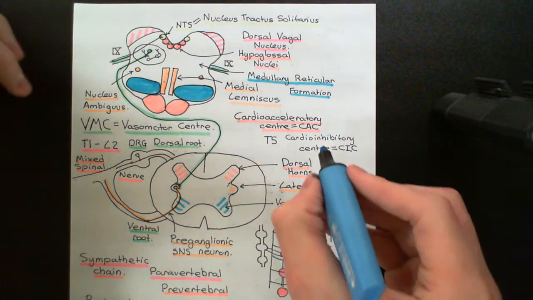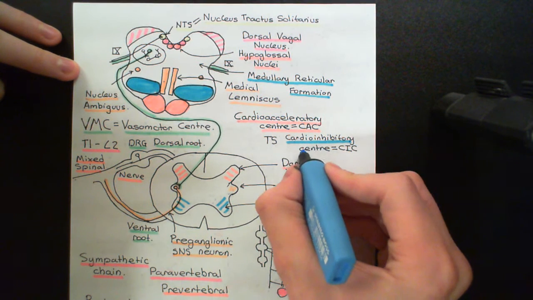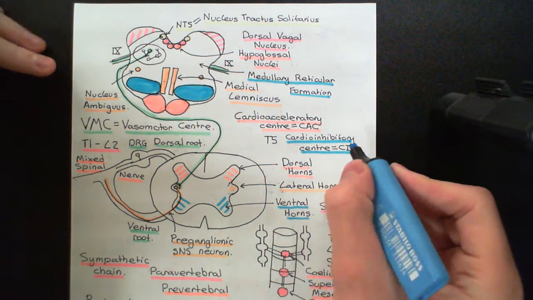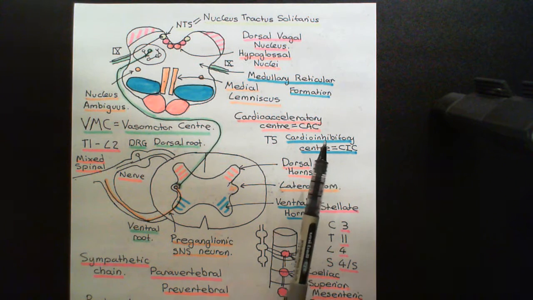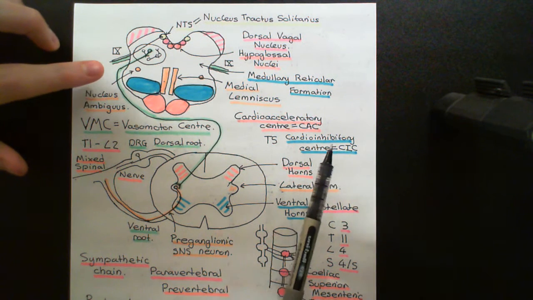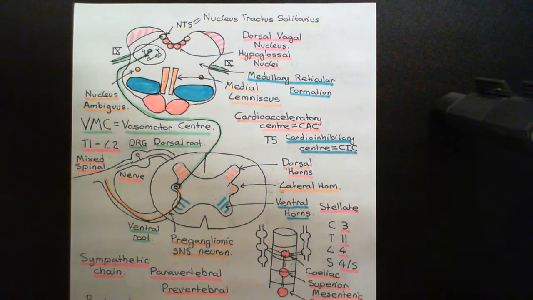And this consists of portions of the nucleus ambiguous and also portions of the dorsal vagal nucleus. And this is going to have the preganglionic parasympathetic neurons' cell bodies in there.